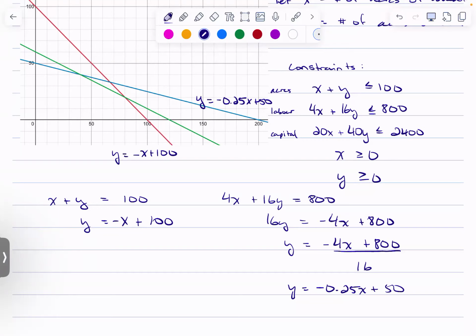I'm going to rewrite it in terms of y equals something, because then it's easier to manipulate later.